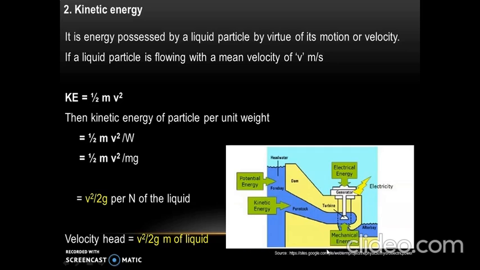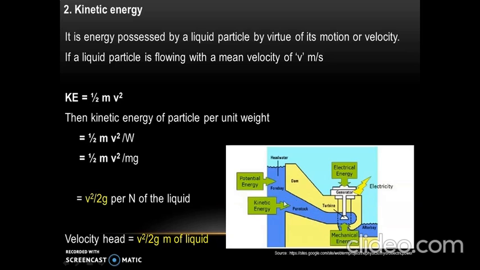In the video, we had seen the potential energy as the energy being possessed by the water stored in a dam, and kinetic energy is the energy possessed by the liquid when it starts flowing.